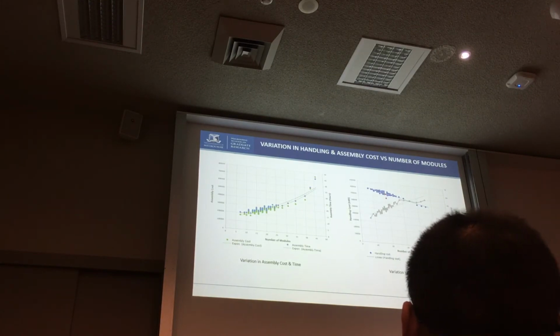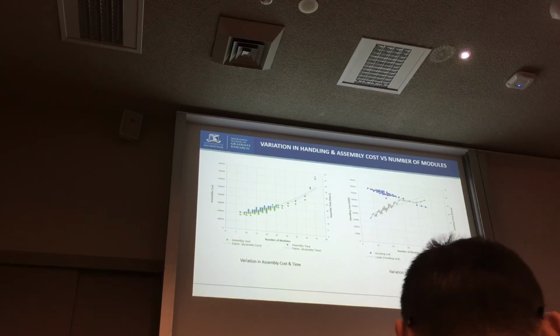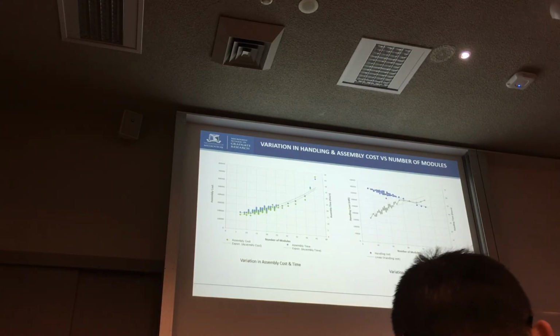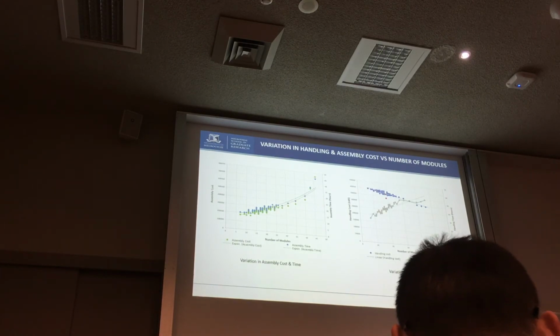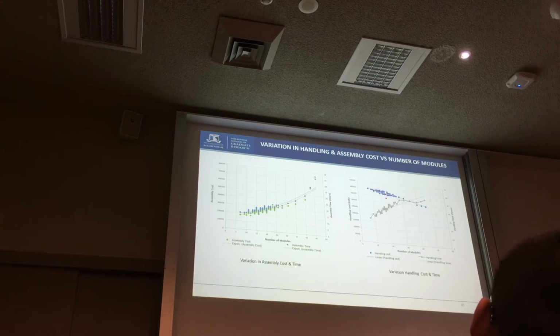The interesting point to see here is there were different configurations or iterations that produced the same number of modules, but had different assembly and different handling costs. This shows that regardless of the number of modules, the point at which the system is divided also plays an important role in evaluating the installation cost of a system.